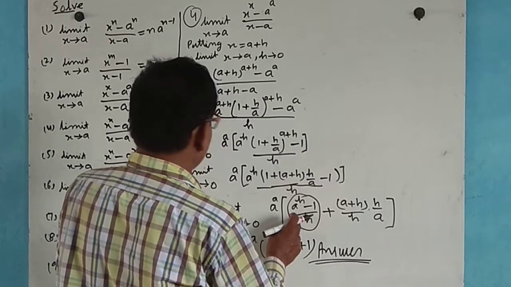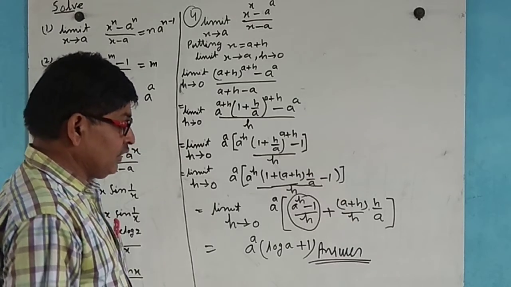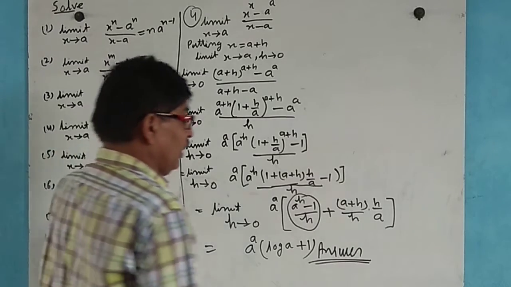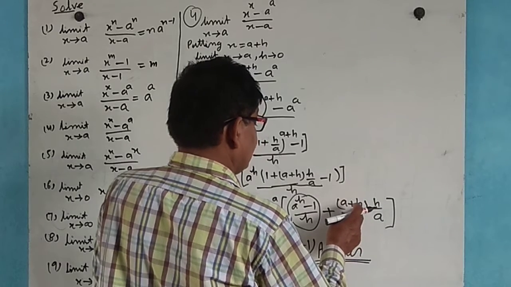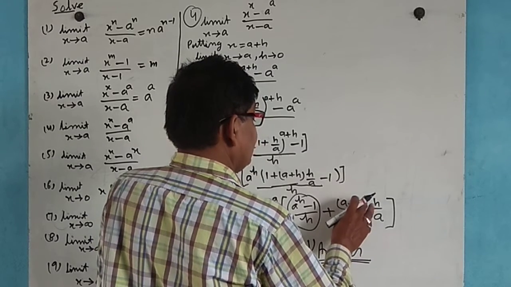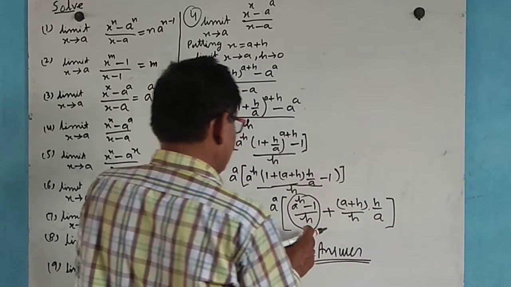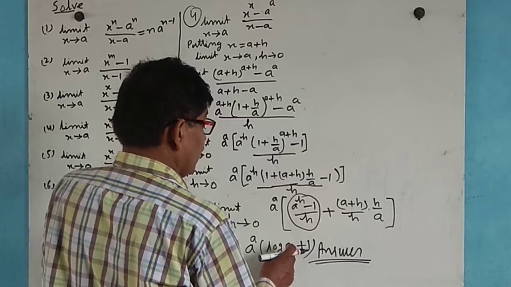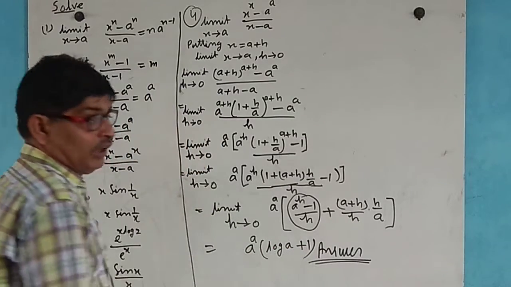This is equal to log a. I studied about this in before videos. And this h and h remove, and putting h equal to 0, this is removed, so that a by a equals 1, and this is equal to log a, so that a to power a, log a plus 1. This is our answer.